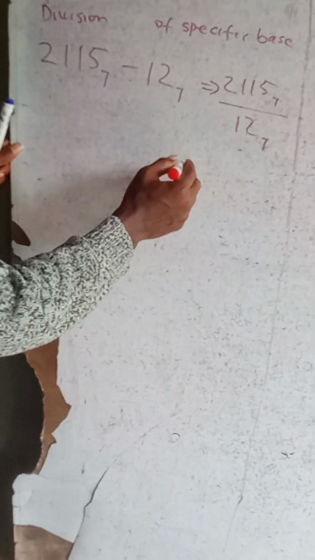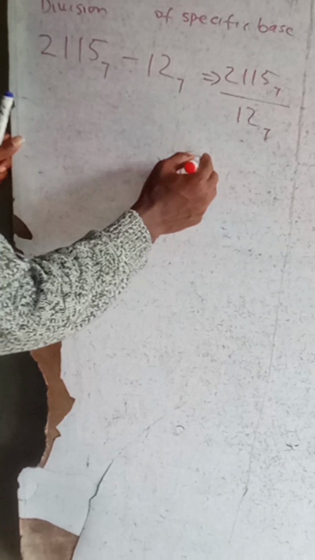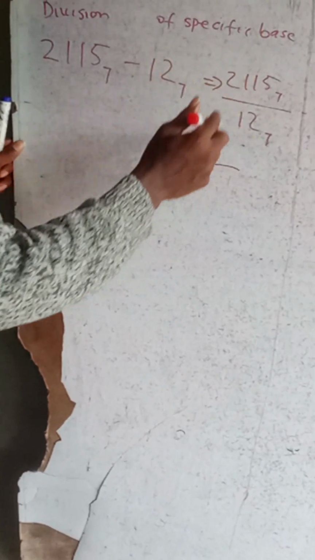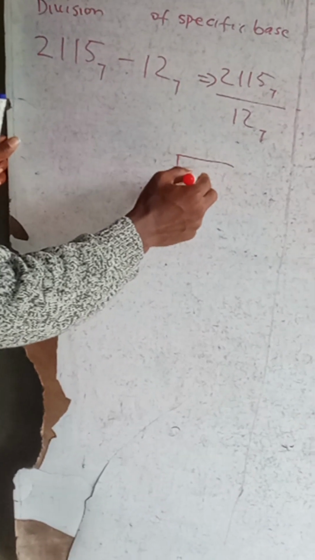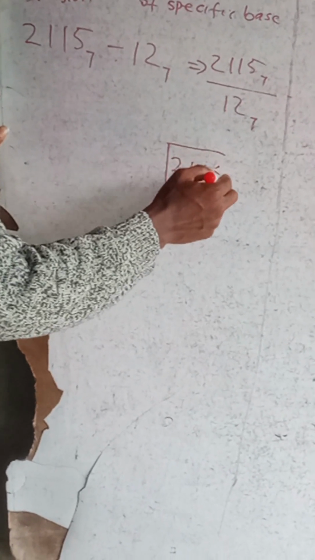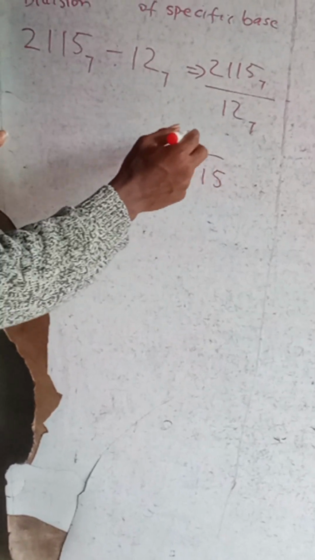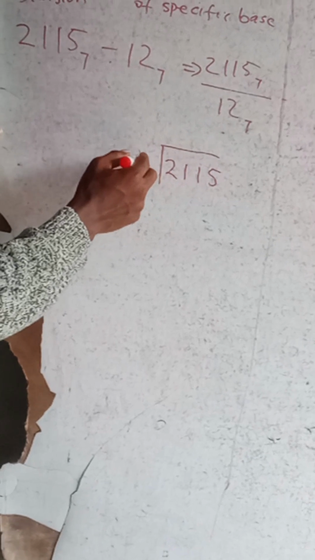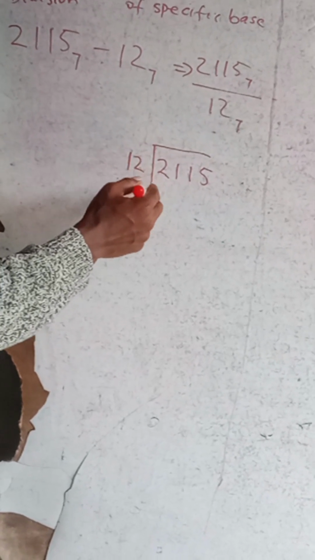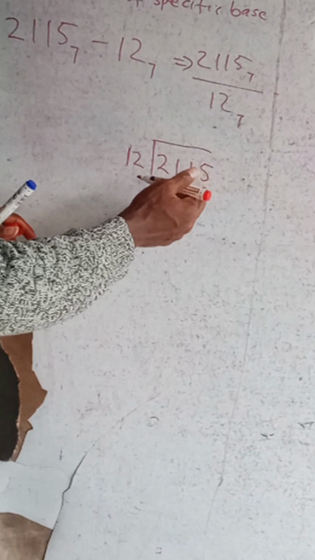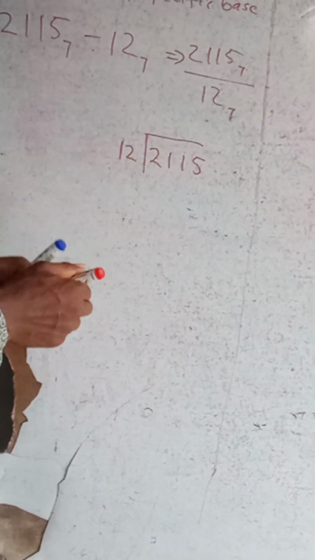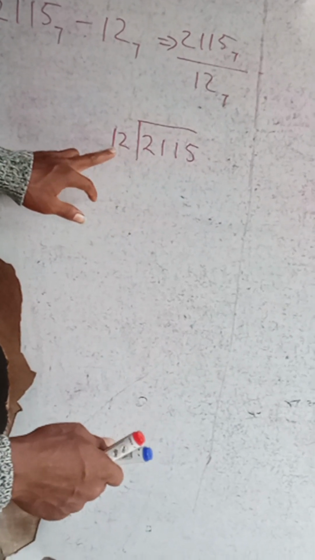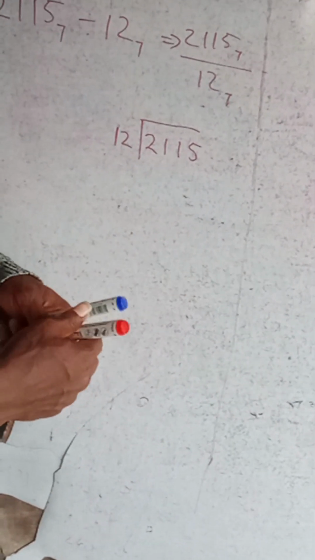So I told us that you are always going to draw this diagram and put the numerator in the diagram, 2115, and the denominator, you put it outside, 12. So you are using this to divide this. So 2115 divided by 12 under base 7.